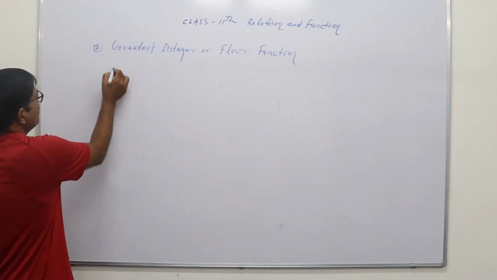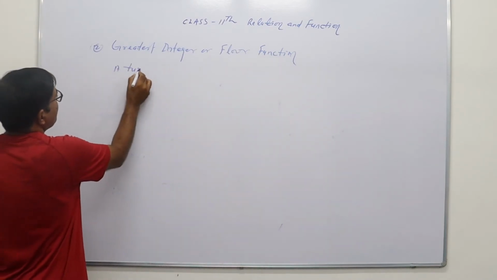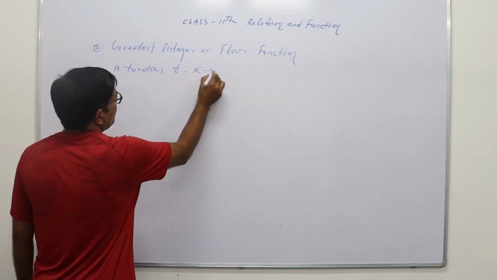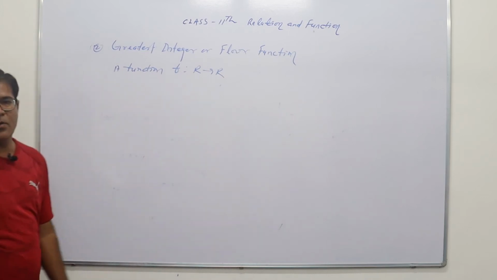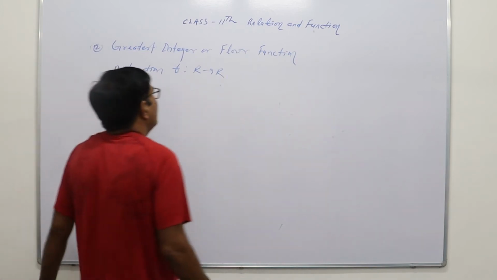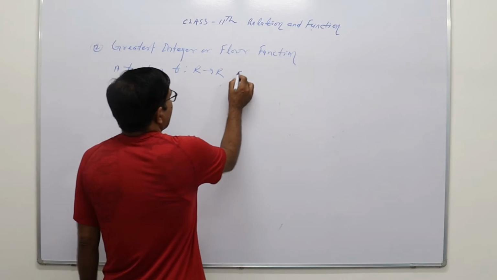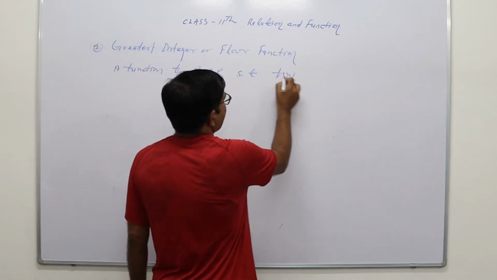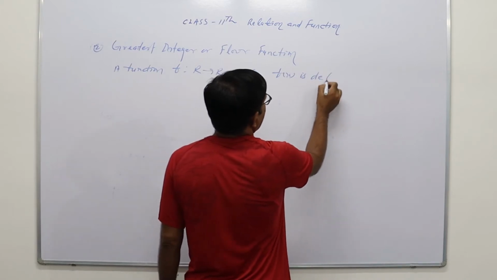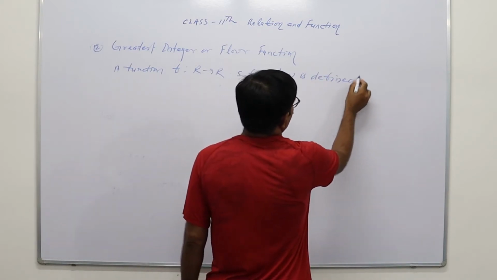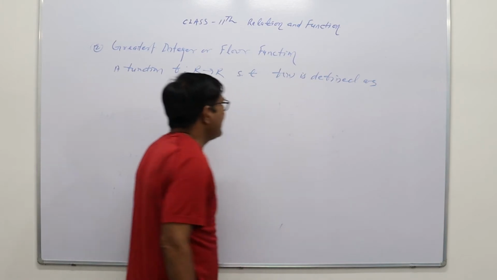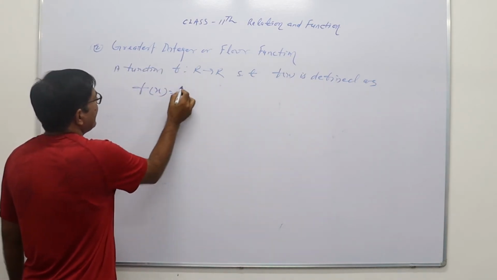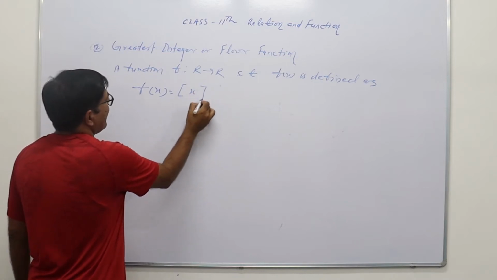A function f from R to R, set of real numbers to set of real numbers, such that f(x) is defined as f(x) is equal to greatest integer of x.